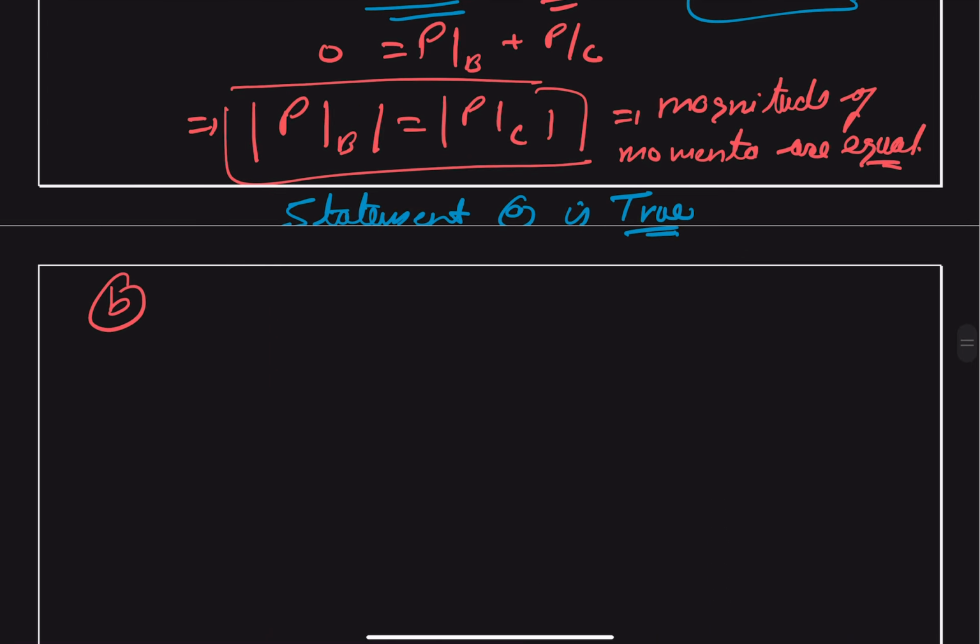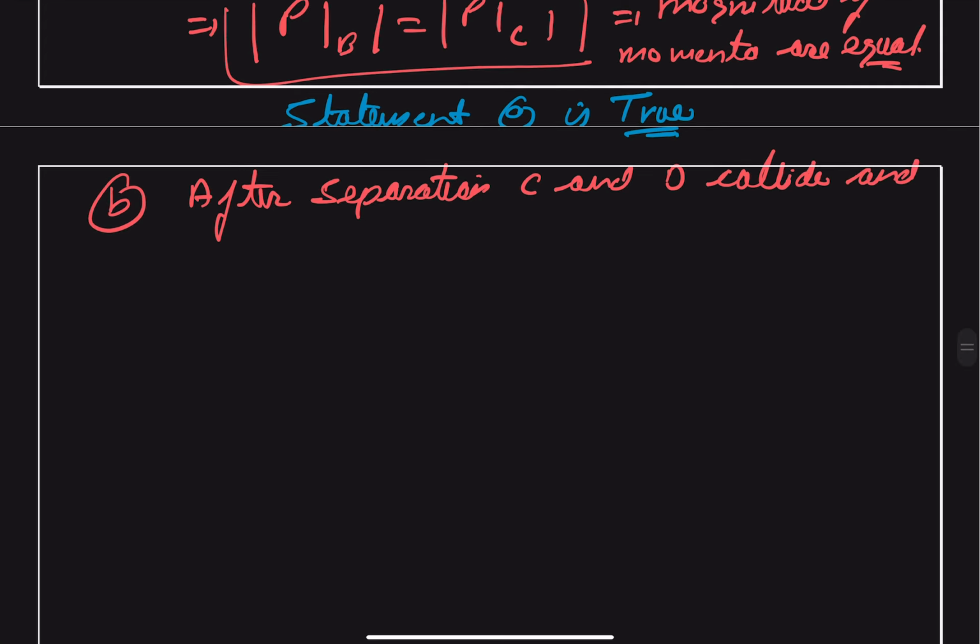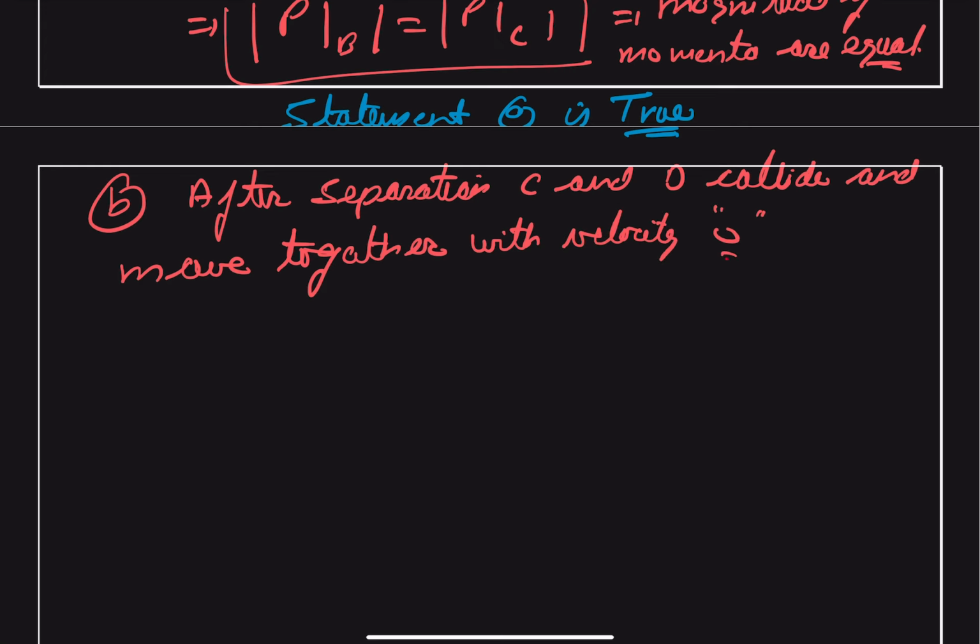So we can say that after separation C and D collide and move together with velocity v.